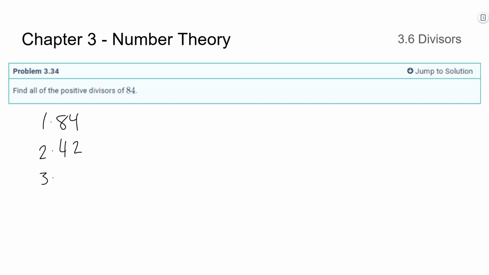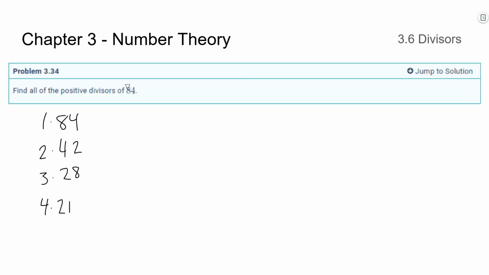So what would 84 divided by 3 be? That would be 28. And 4: we know that half of 84 is 42, so that's still even. So we can cut that in half again, and that would be 21, which is what you'd get if you did 84 divided by 4 also.